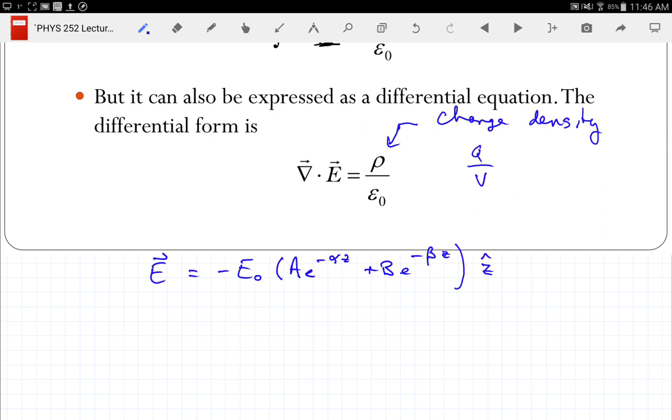I think the problem actually specifies this, where, okay, it doesn't specify that z is up. It says z is the height above the locally flat surface. So it is implying z is up. So if z is up and it's in the minus z direction, then the electric field is pointing down. What does that tell you about the Earth's charge? That the Earth's charge must be negative because electric field lines go into negative.